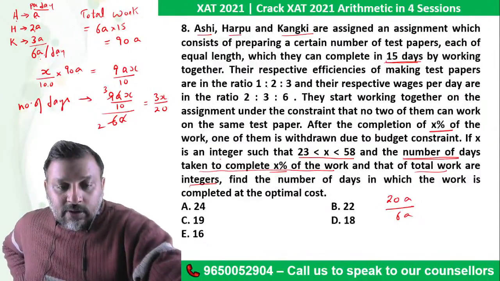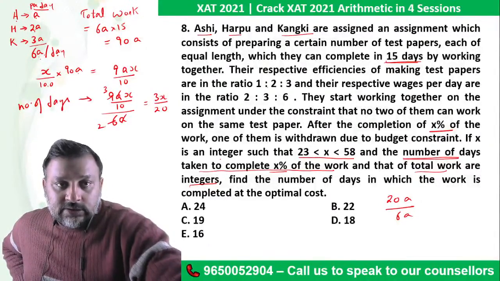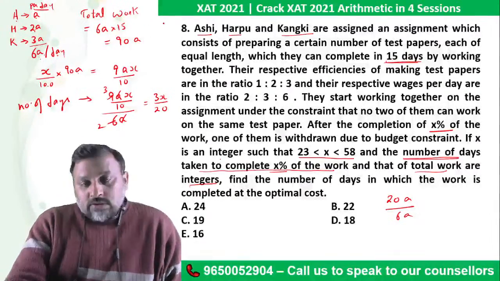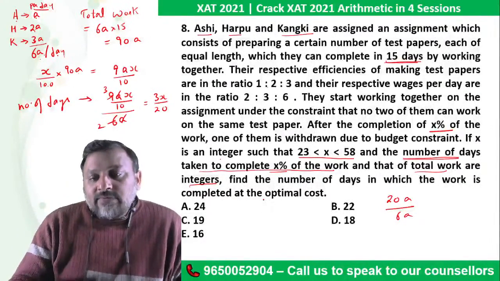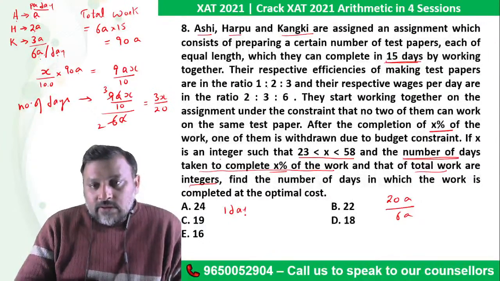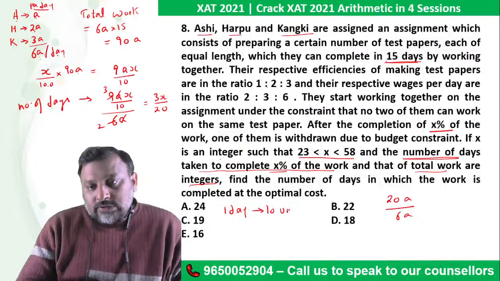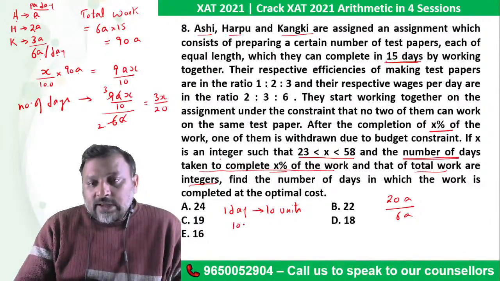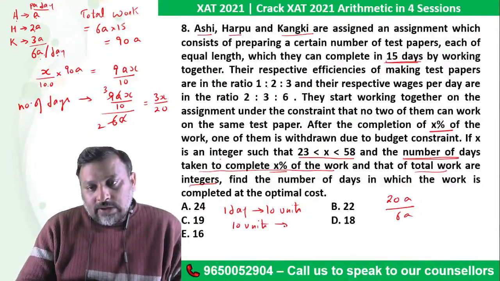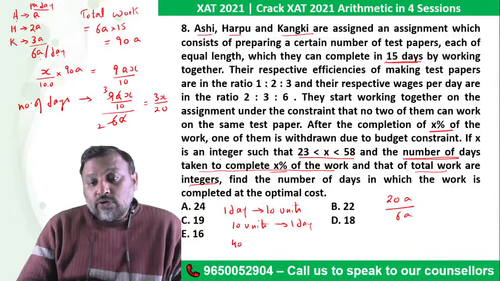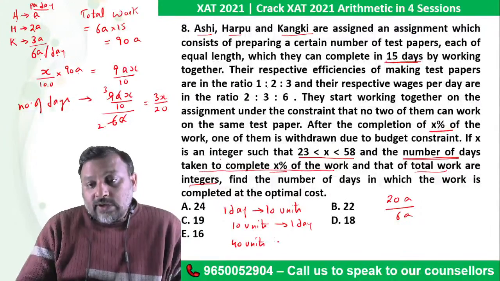Okay, I'll repeat how I am getting number of days. See, if I say in one day, a person can do 10 units. Okay, that means 10 units work in one day. So if you need to find in how many days would he do 40 units of work, what we do is 1 by 10 into 40.